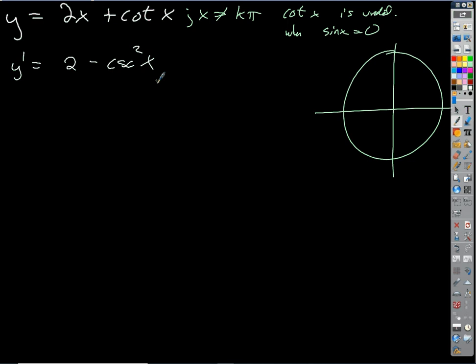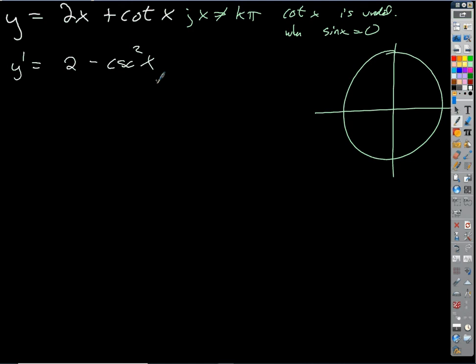Where is that going to be undefined? What's in the denominator of cosecant? Sine, right? So I get the same places. The first derivative is undefined at the vertical asymptotes, which makes sense. Math gods are wise, right? They know it has to be undefined there.